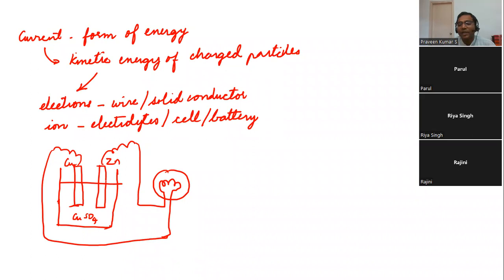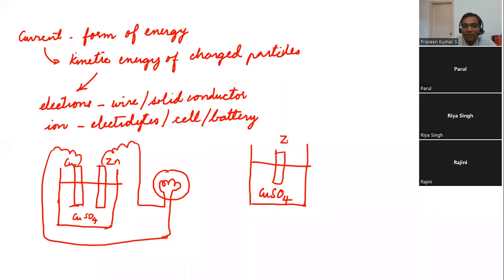Yeah, so what is a displacement reaction? A highly reactive metal displaces a less reactive metal. So you would have done this experiment in school where you take copper sulfate solution, which is blue in color, and put a nail of either iron or zinc. If you insert it, you will see that copper starts getting deposited on it.